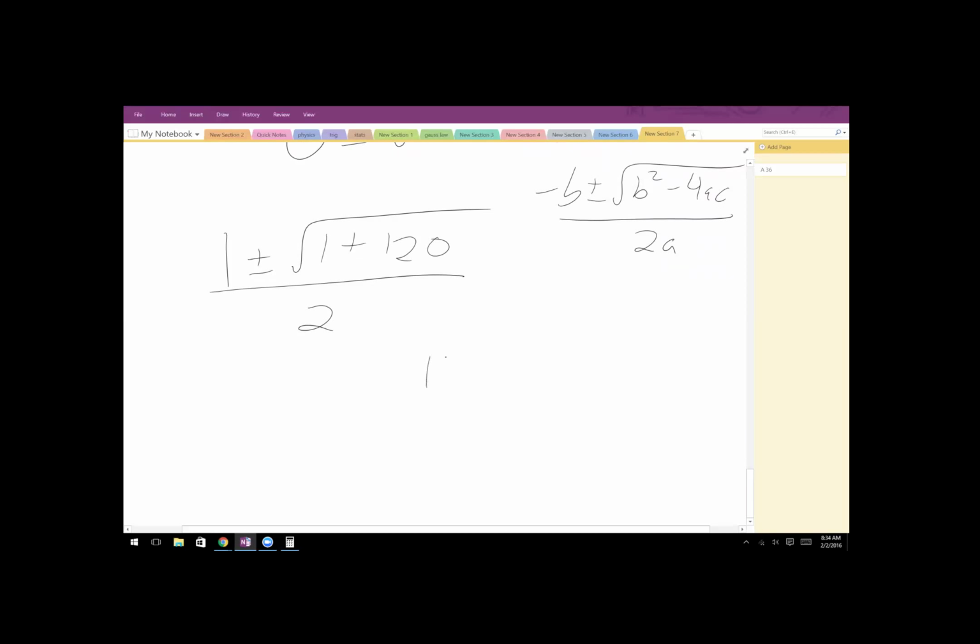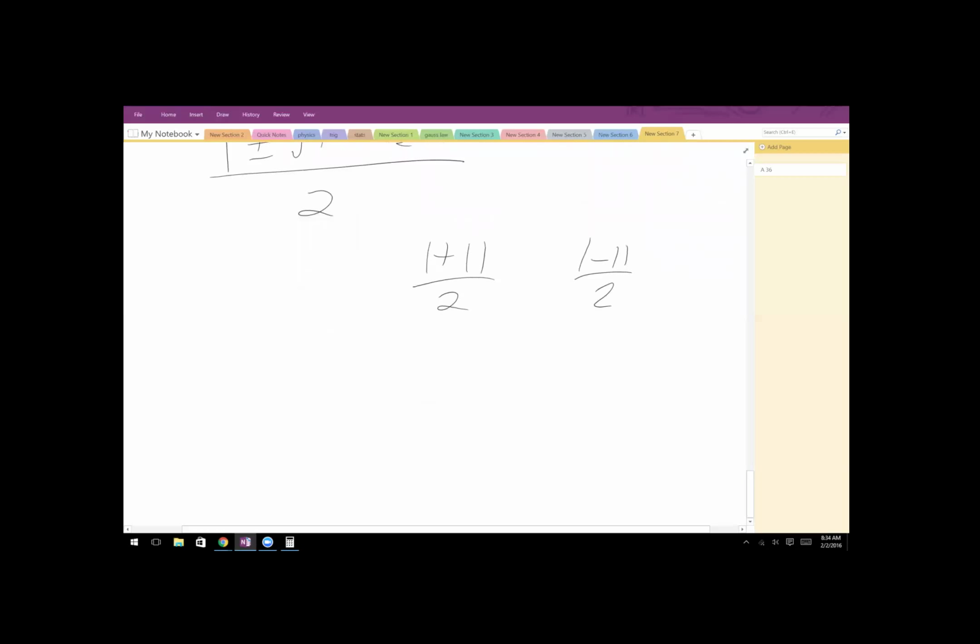So I've either got 1 plus 11 over 2 or 1 minus 11 over 2. What's 1 plus 11 over 2? 12 over 2, which is 6. And 1 minus 11 over 2? Negative 5. So I've either got 6 teams in my league or I've got negative 5 teams in my league.